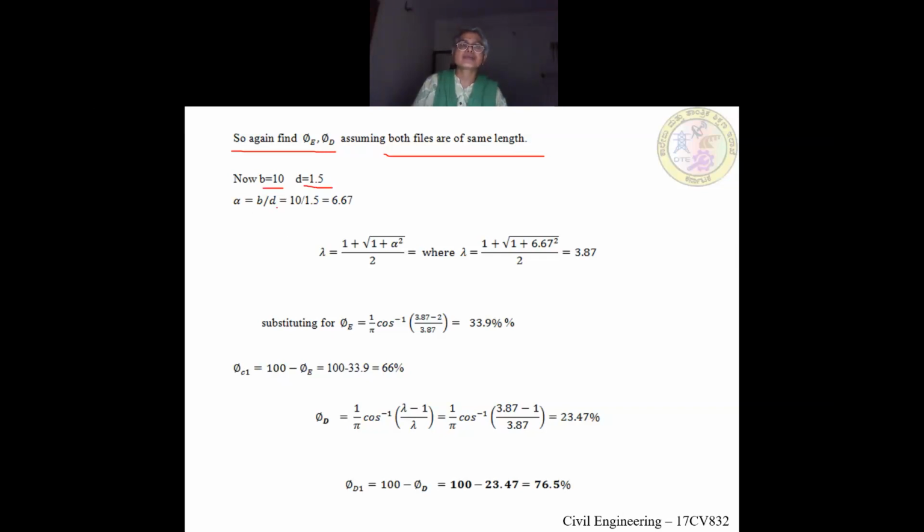The same way, alpha is equal to B by d, you will get 6.67 and this is 3.87, and substituting that you will get 33.9 and 23.47. So phi at C1 is 100 minus phi E, which is equal to 66%. Phi at D1 is equal to 100 minus 23.47, that comes to 76.